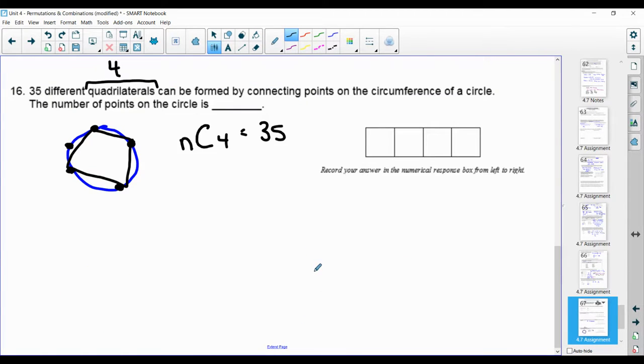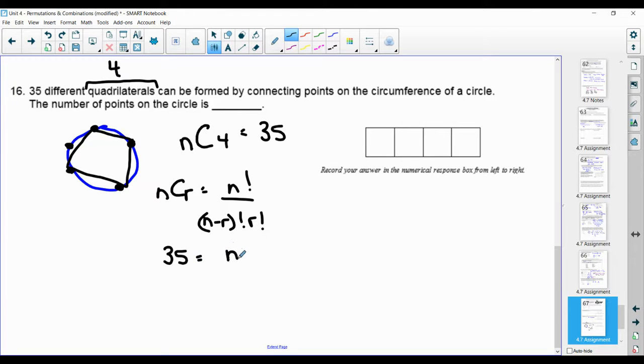But if we wanted to break this down and solve it algebraically, we would have n choose r is n factorial over n minus r factorial times r factorial. So we're going to have 35 equals n factorial over n minus 4 factorial times 4 factorial.